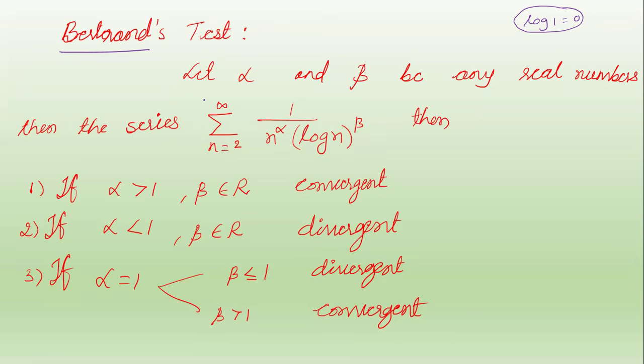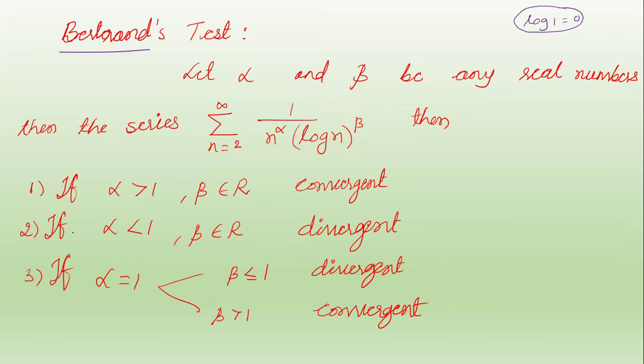The series is in this form. First condition, if alpha greater than 1 and beta is any real number belonging to R, then the whole series is convergent.